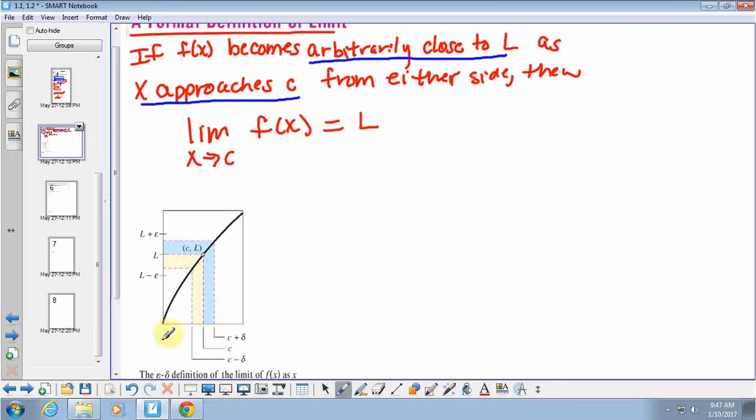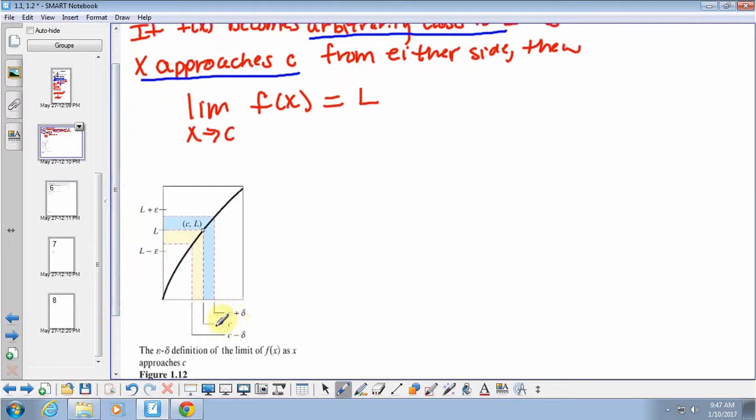If you look at values around C, this is C. If you look at values around C, then you may get some function values. Let's think about this as x and y axis. You may get some function values, let's say here, there. They just may be sporadic.